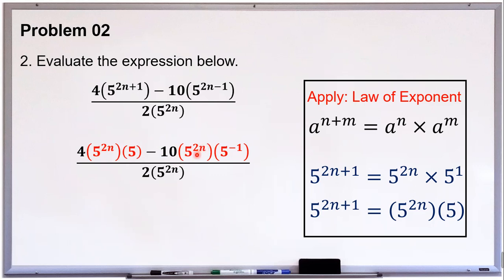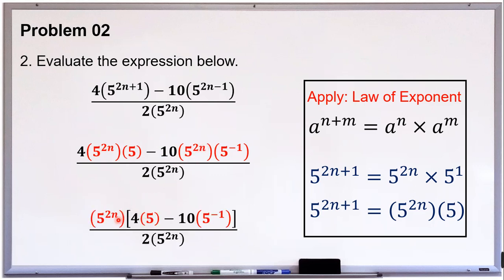So we're going to extract this common factor. You now have 5 raised to 2n, and what's left on the first term is only 4 times 5, and on the second term what's left is negative 10 times 5 raised to negative 1.